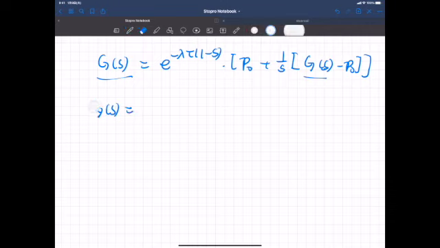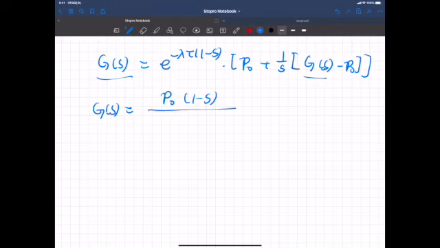Oh, this is ugly. And we should have this. After all, we should have p0 times 1 minus s over 1 minus s e to the lambda tau 1 minus s. So this is the probability generating function, but it contains p0 as an unknown parameter.